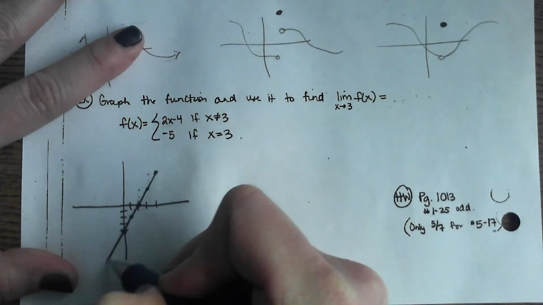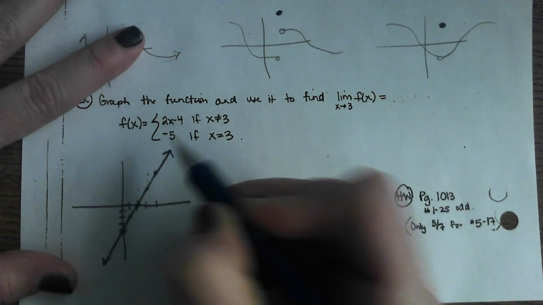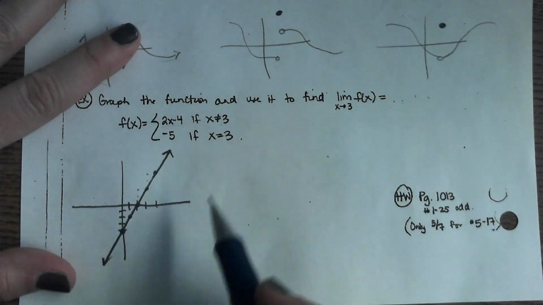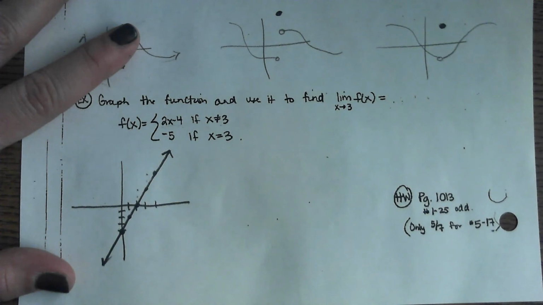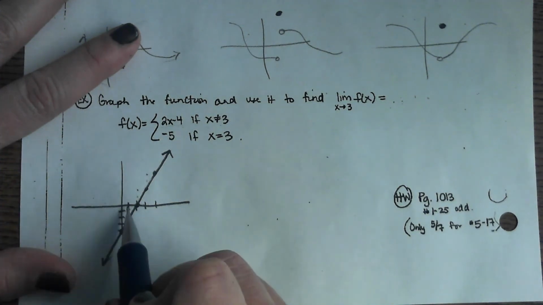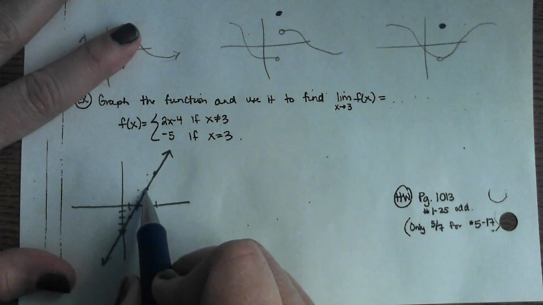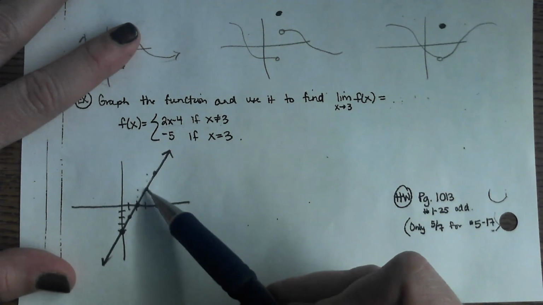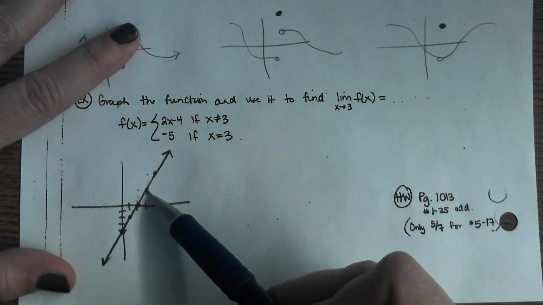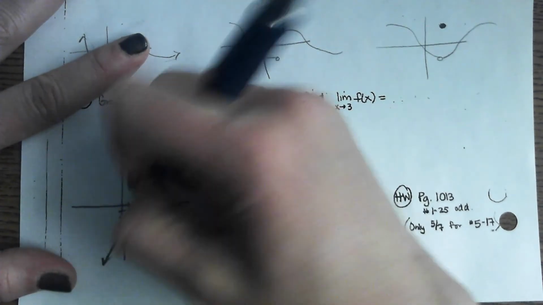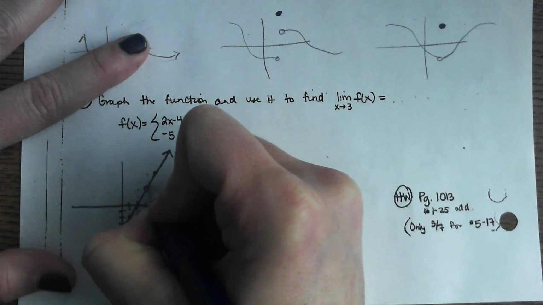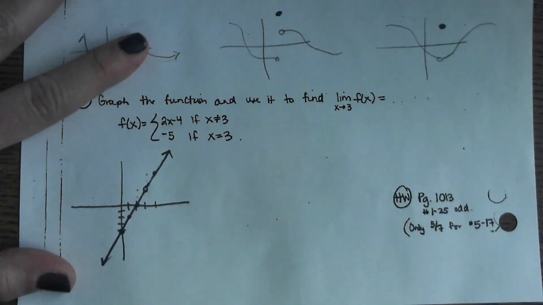So there's my line 2x minus 4, and it wants that line everywhere except where x equals 3. So at x equals 3, 1, 2, 3, on the line, which puts me right there, I want an open circle because my line does not exist there.